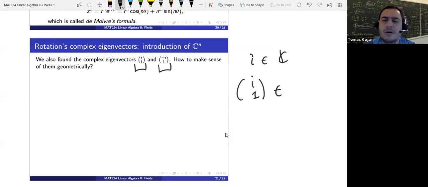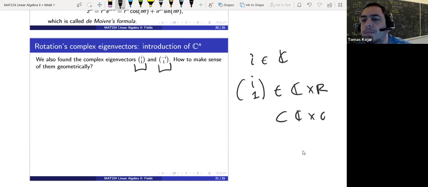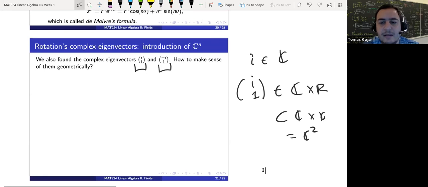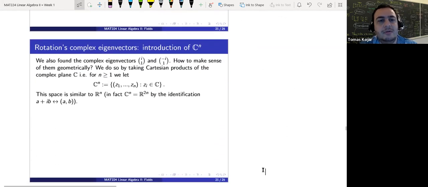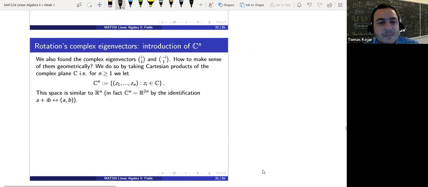It's in C cross R, which is inside C cross C, so C squared. Perfect. So in general we define C^n to be the nth Cartesian product of complex numbers, and we will talk about this later when we come back to isomorphism.